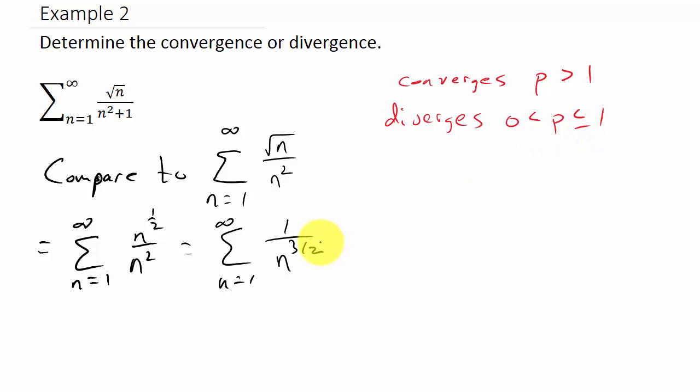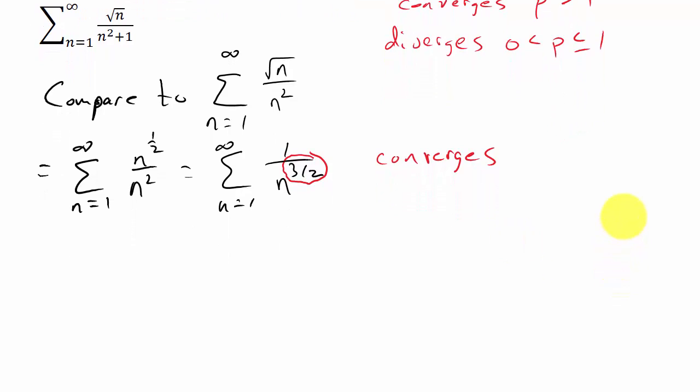And you can see here, here's our p. Our p is 3/2, and it's larger than 1, so we know that our comparison series converges. All right, so now we have to take the limit as n goes to infinity of a sub n over b sub n.